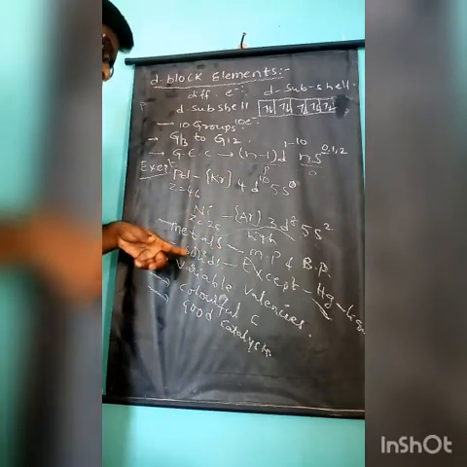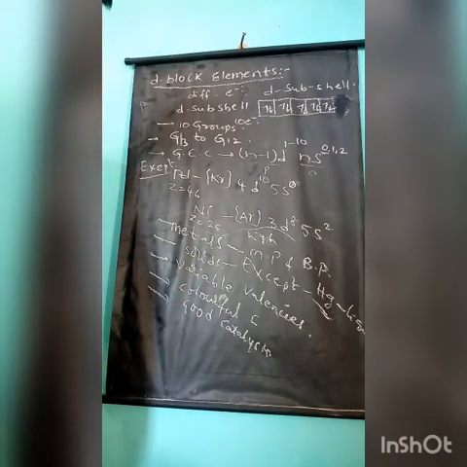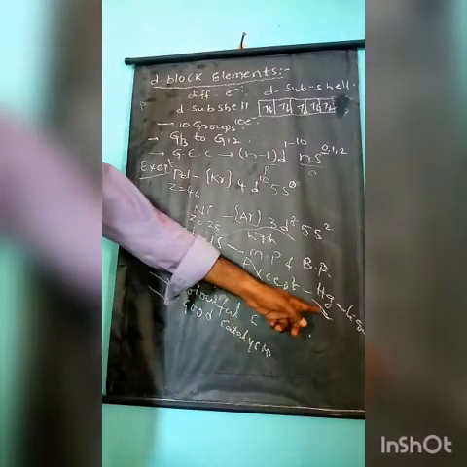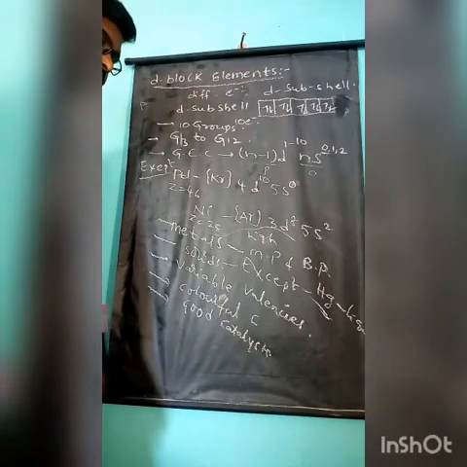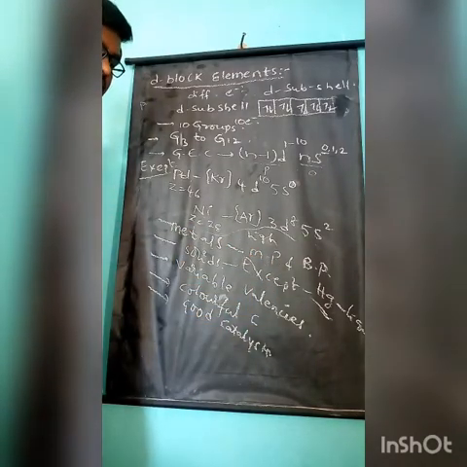Next one, D block elements are solids, except mercury, which is a liquid.